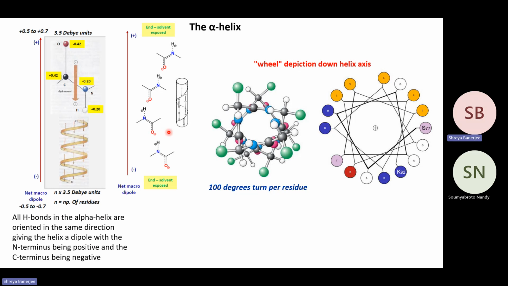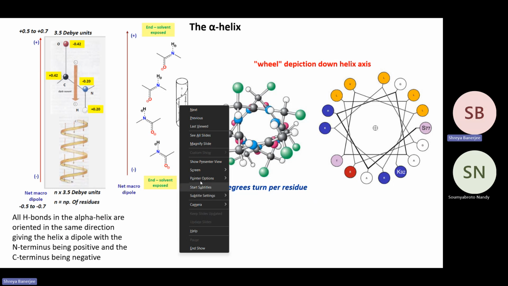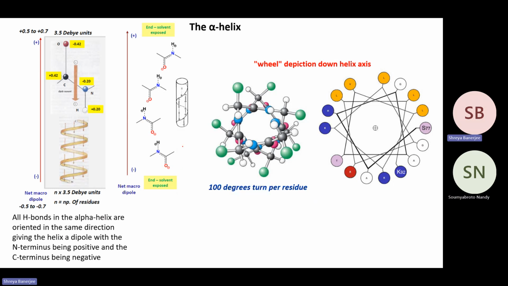Now, when you have multiple amino acids, in each amino acid there is a charge separation, with oxygen having a minus charge and hydrogen having a plus charge. So there is a dipole moment in each amino acid. Suppose we take the dipole moment from plus to minus in this direction, and again from plus to minus in this direction.